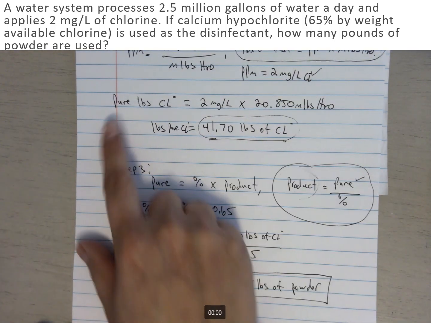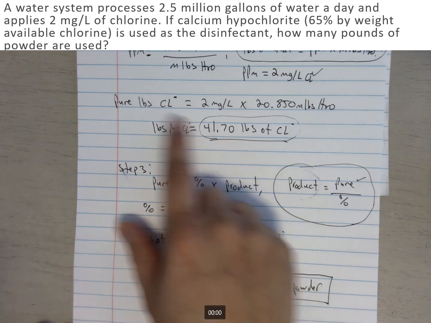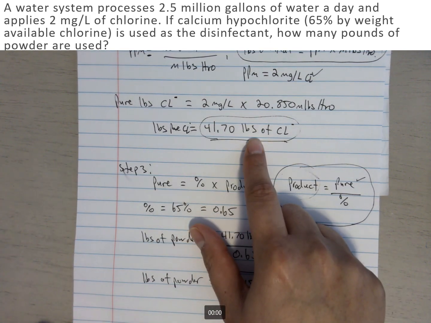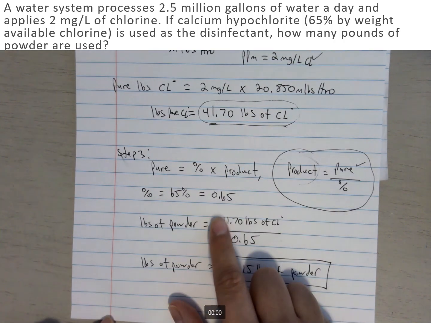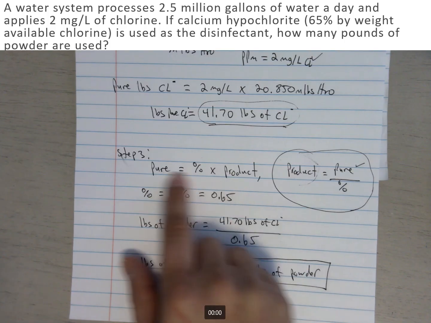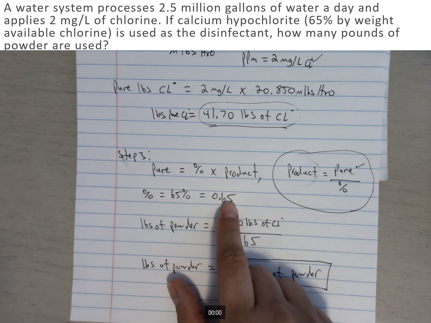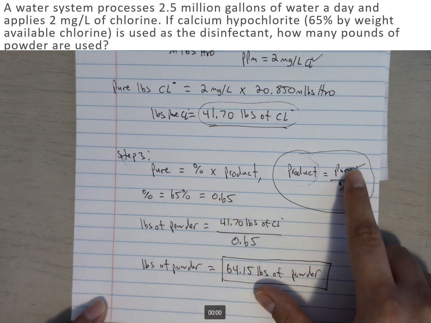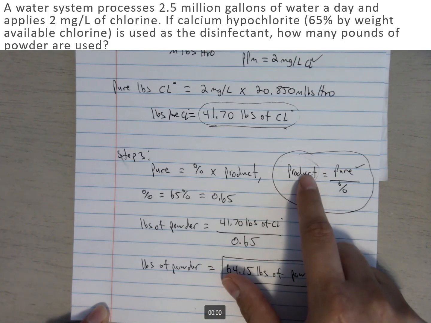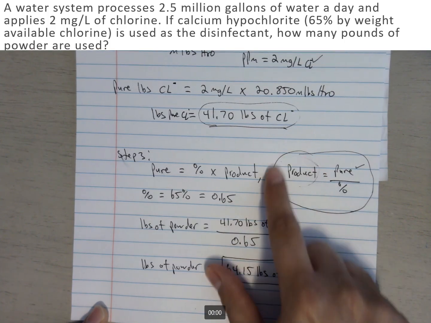We did that by first solving for the pounds of pure chlorine I need, and knowing that the calcium hypochlorite is 65% available chlorine by weight, I know that my pure is the chlorine ion and my product is the powder, and I'm trying to find the powder.